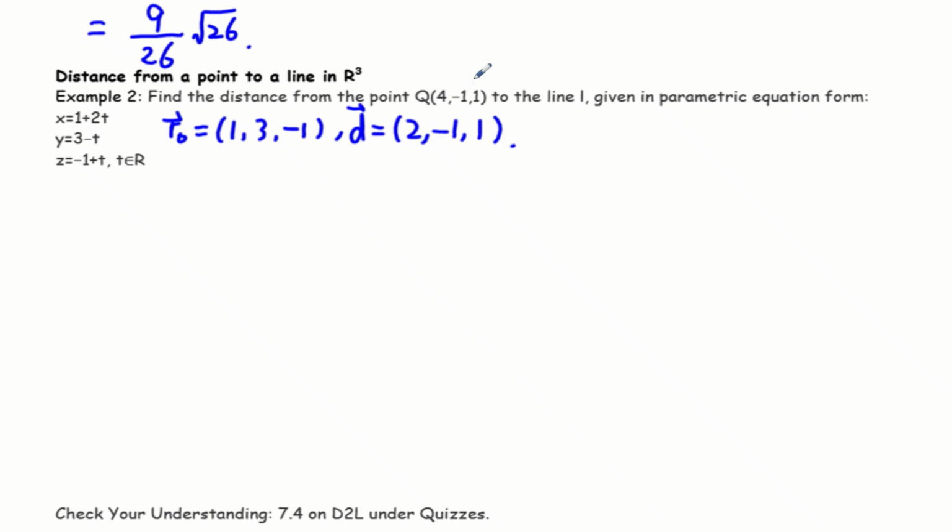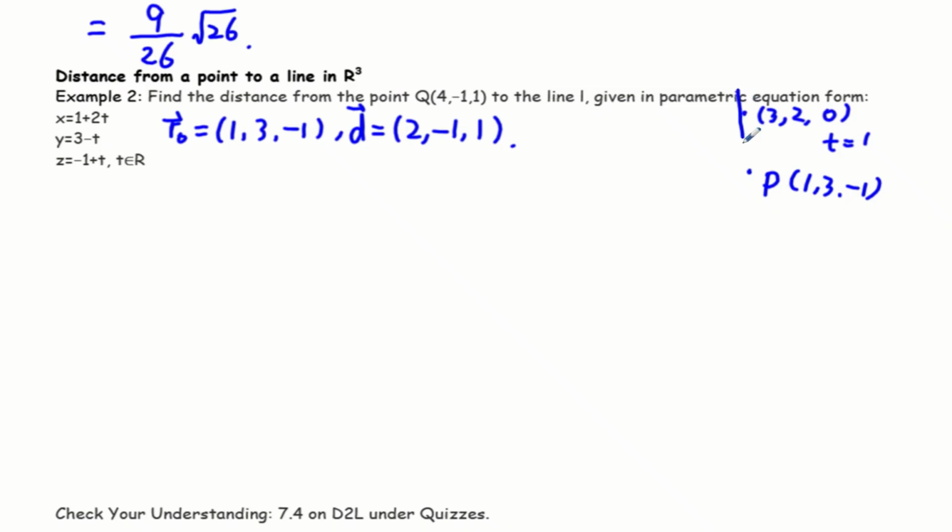Then we have a point Q. So this is our line. I just randomly draw it. So 1, 3, negative 1. Then at this point direction, if t equals 1, we have another point, which is 3, 2, 0.